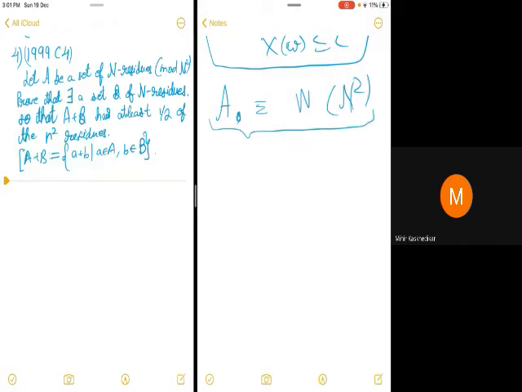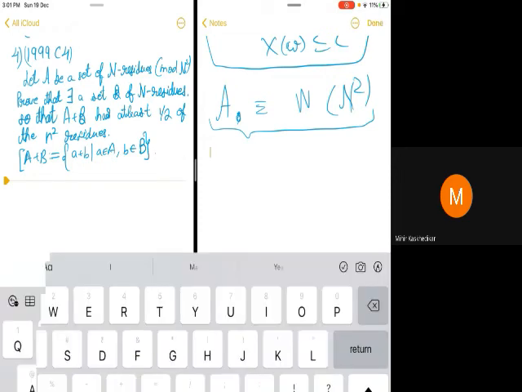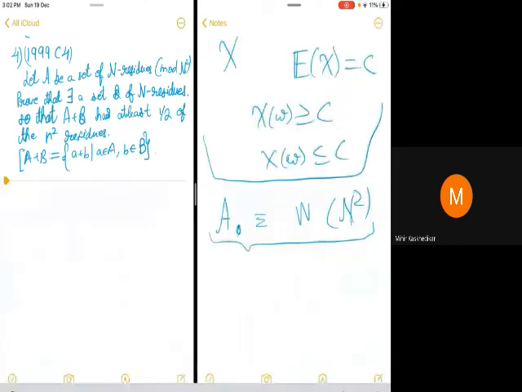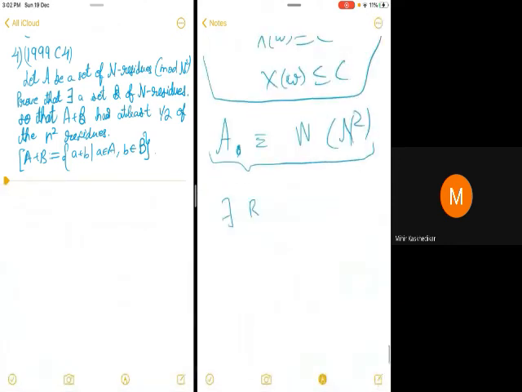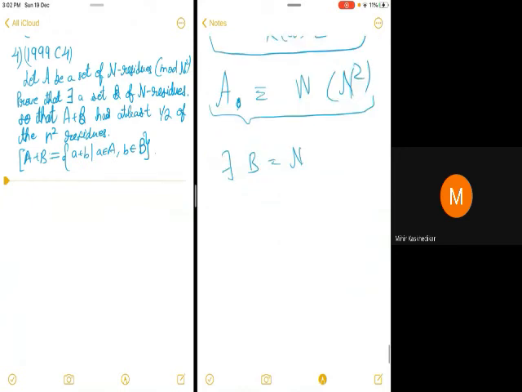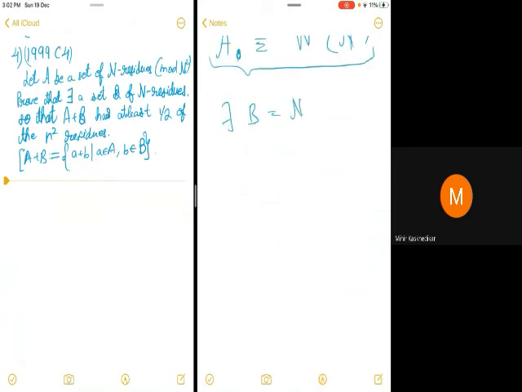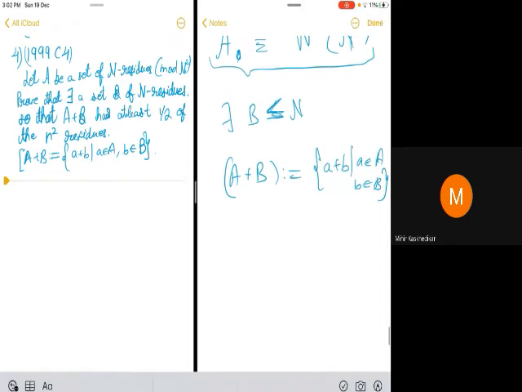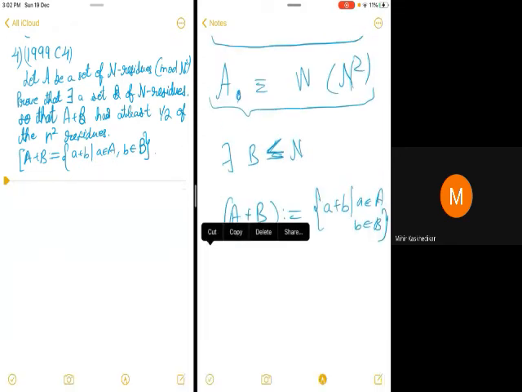Yes. Okay. So A is a set of n residues modulo n squared. Now we need to prove the existence of a set B of at most n residues, so that A plus B, which is defined as the set of a plus b such that a belongs to A and b belongs to B, has at least n squared by 2 residues. So is the statement clear?